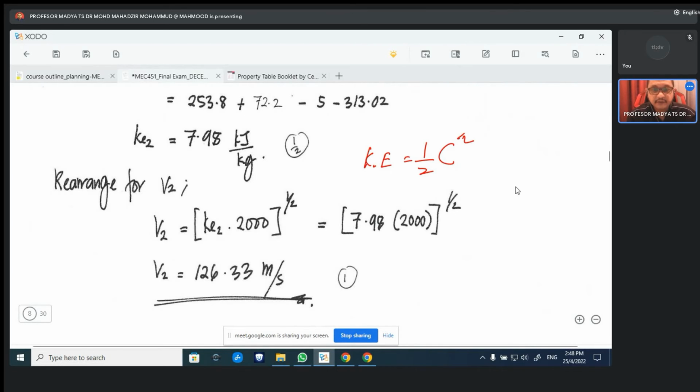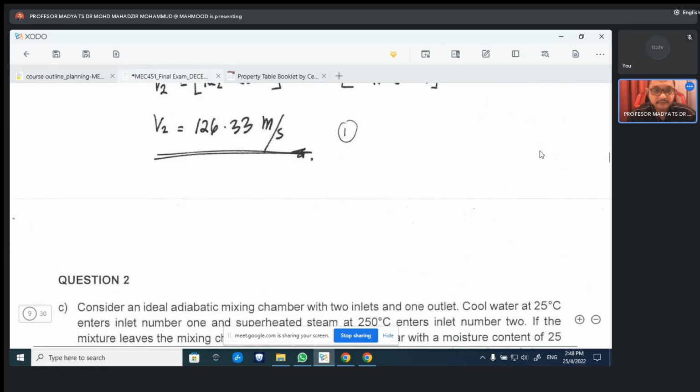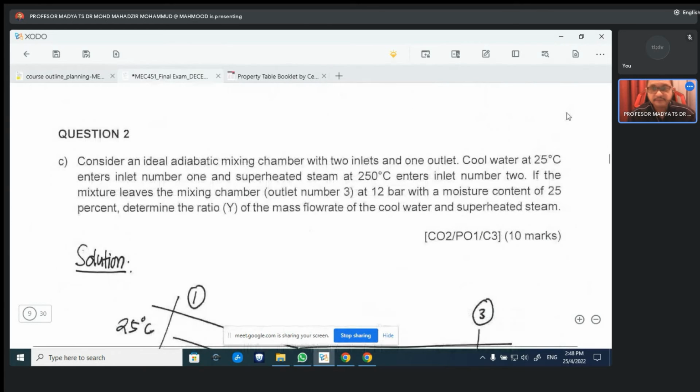Okay, we continue. So the next one, question number 2. This is also about an open system. How do I know this is an open system? We look at the sentence that mentions a mixing chamber.